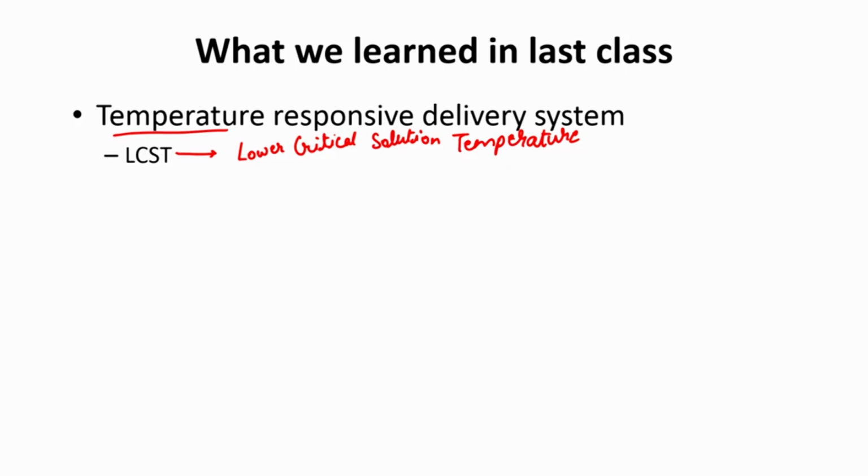But there are some unique polymers that show the reverse property, where if you heat them up they become more hydrophobic and less soluble. Such polymers are called LCST polymers, and the temperature at which this switch in properties happens is called the LCST.